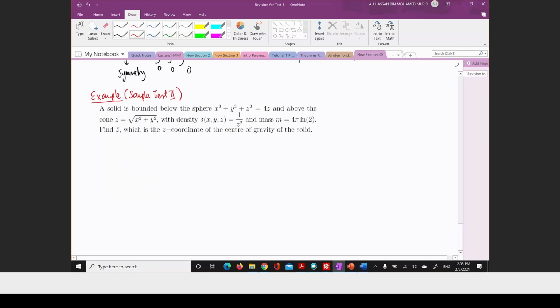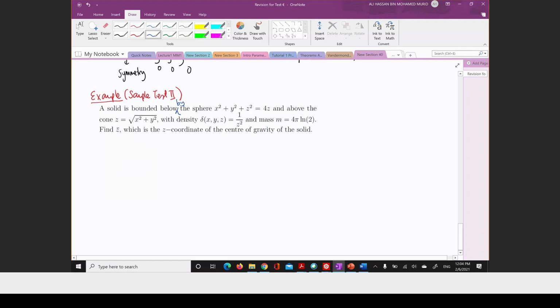A solid is bounded below by the sphere. Should be the word "by" here. By the sphere x squared plus y squared plus z squared equal to 4z, and above the cone z equal to square root of x squared plus y squared, with density rho delta xyz equal to 1 over z squared.